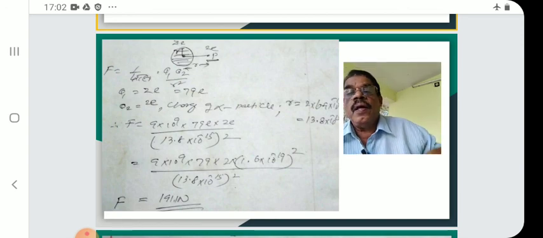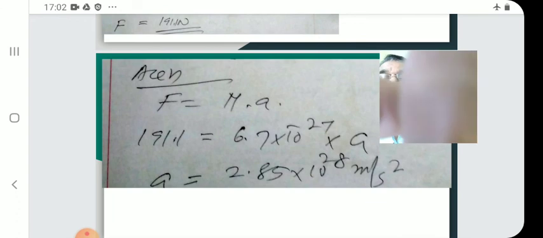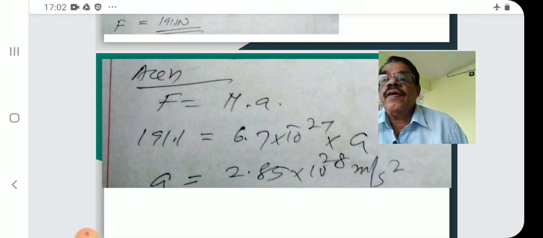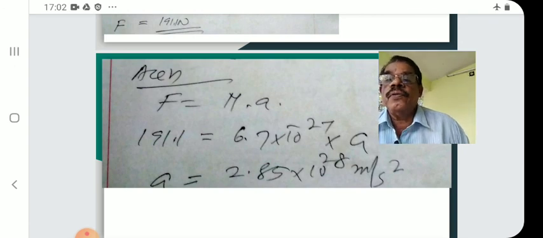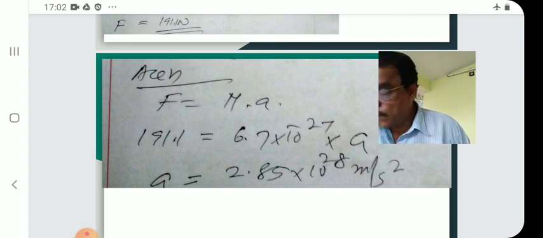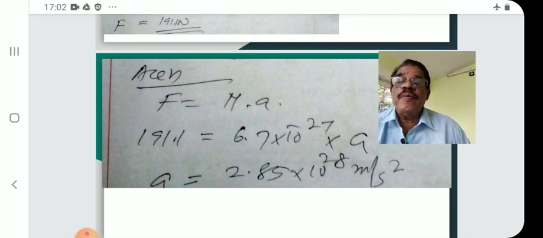That is the force. And now we have to find the acceleration. Acceleration can be found by Newton's second law. Newton's law for force, F is ma. 191.1 is equal to 6.7 into 10 raised to minus 27 into a. Not the gold nucleus mass, the alpha particle mass is given.